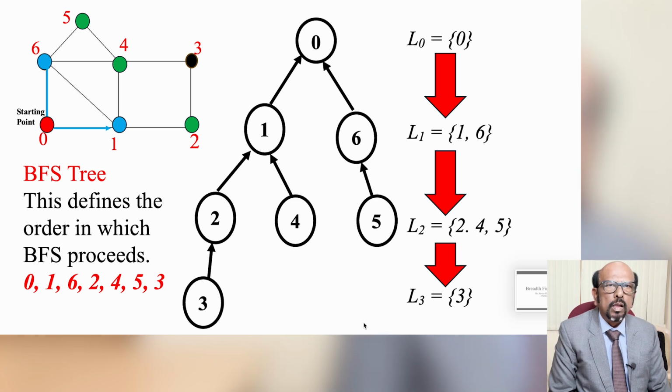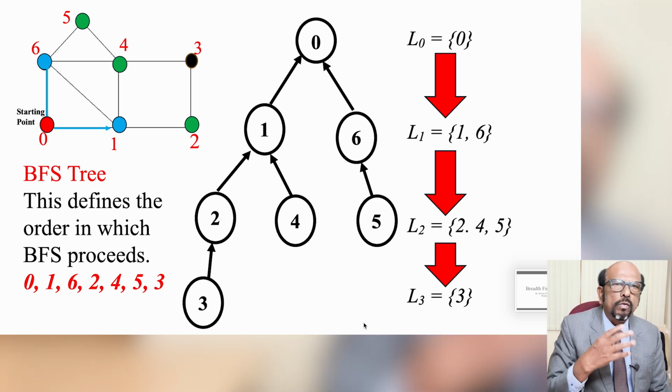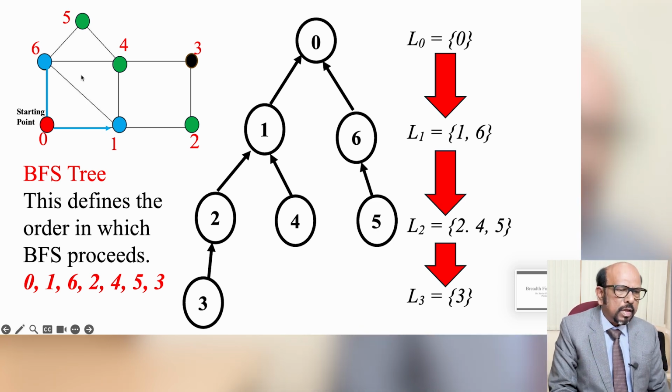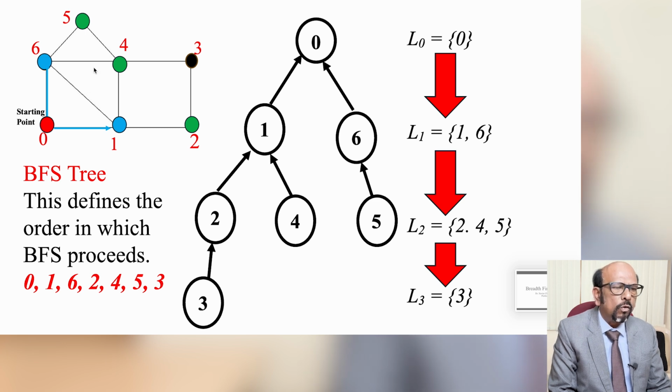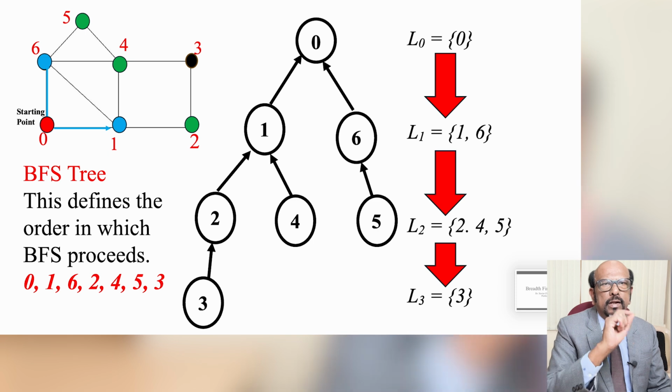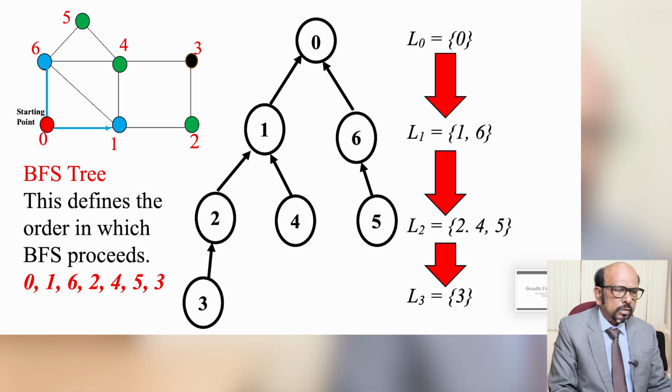Now, let us see how we have solved the problem. Here, look at it. There is a state space with 7 states: 0, 1, 2, 3, 4, 5, 6. Each vertex is a state. We started from 0.